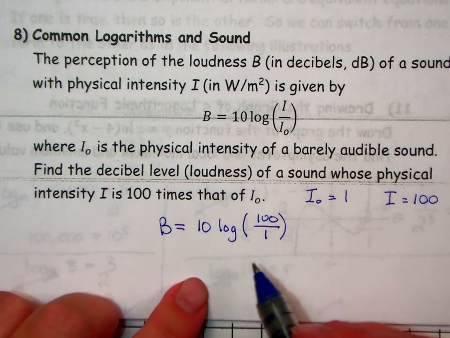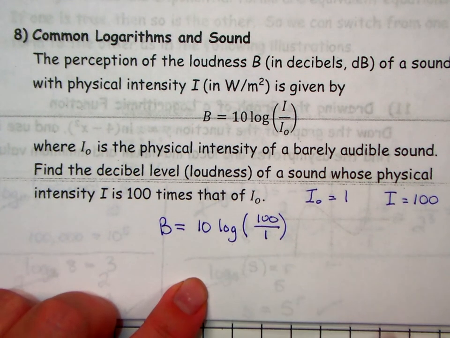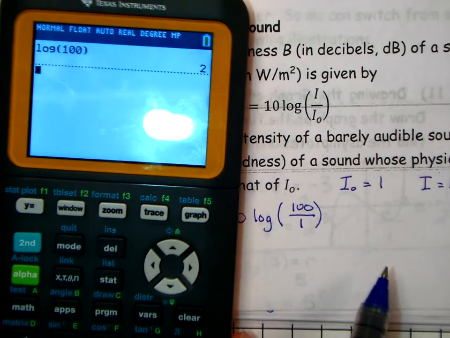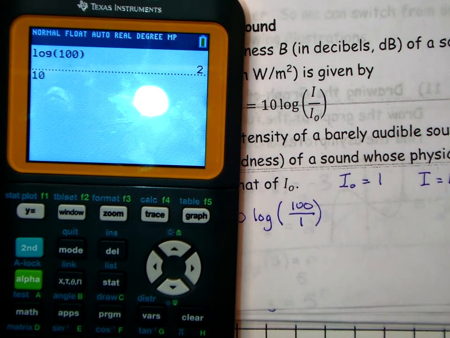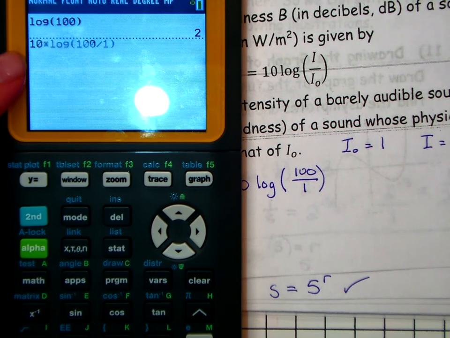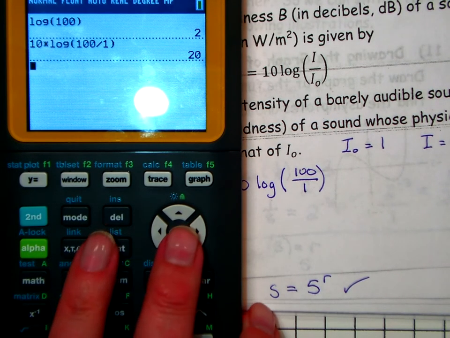It appears that we can just plug this into the calculator. All right, let's go ahead and do that. Let's do 10 times log of 100 divided by 1. Now, log of 100 should be 2, and 2 times 10 is 20. I think this answer is going to be 20. Okay, and it is.